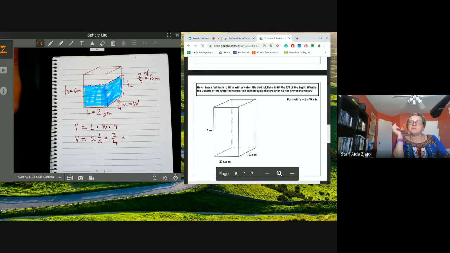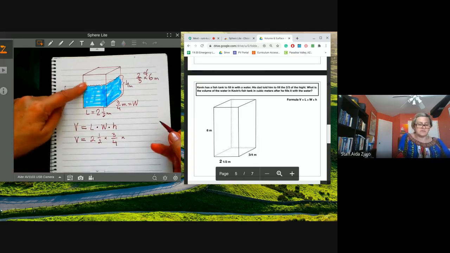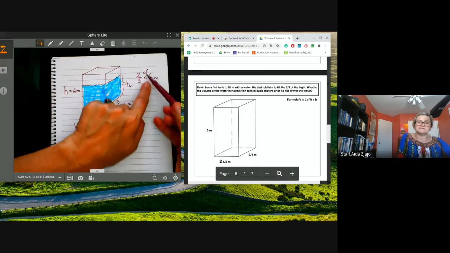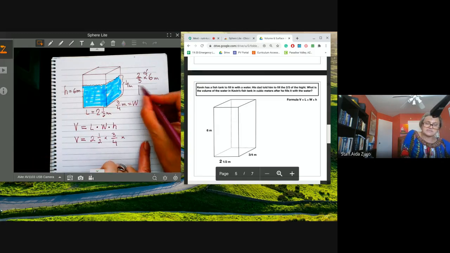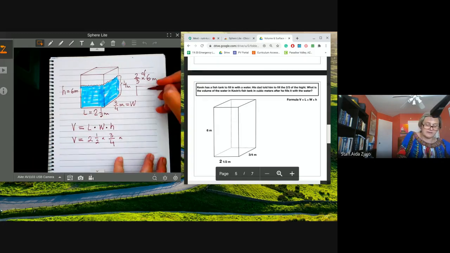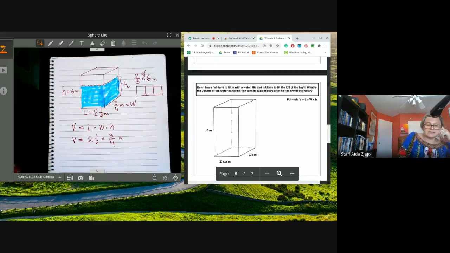Okay, so she says he won't do this. He will do 2/3 of 6. And if we look at this, last year we were working on this area. If we have a 6, look, and if we separate that into thirds, into 3 equal parts, we will have 2 in each.